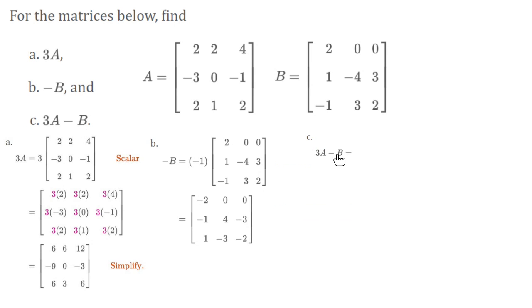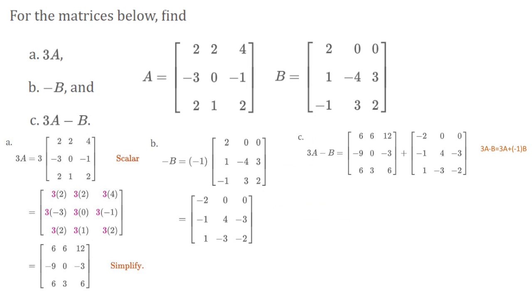So 3A minus B, we already know what 3A is. We have it down here. So I can just write it out. And I know what negative B is. It's right here. So I can just write it here. And so to add, and we should have checked that first. I always tell my students to do that, and I didn't do it myself. But the order here is 3 by 3.